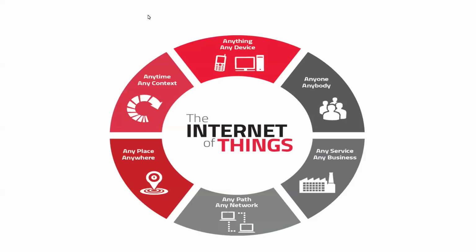Again, when we talk about the basic electronics, what are used here? It's not necessary that the object which is being controlled should be a device which has the capability of connecting with the internet or network.